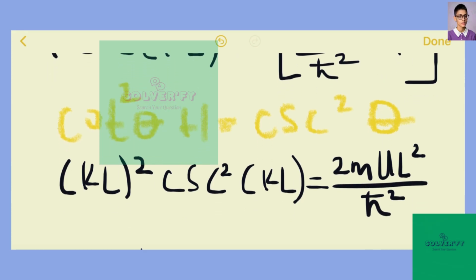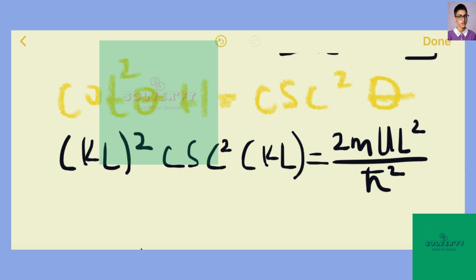Okay, so we need to look at what happens for different values of theta, different values of kL.